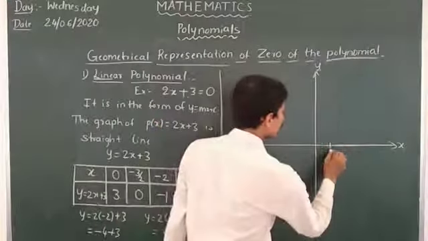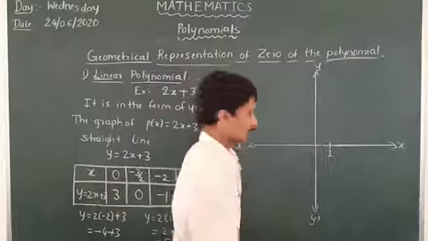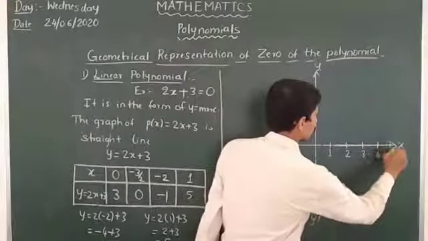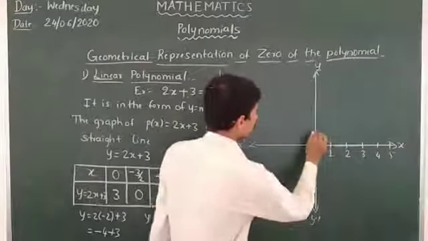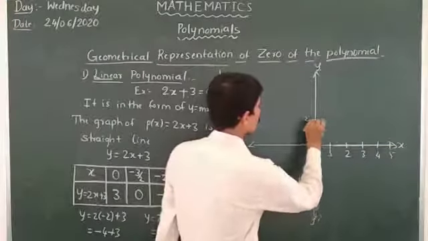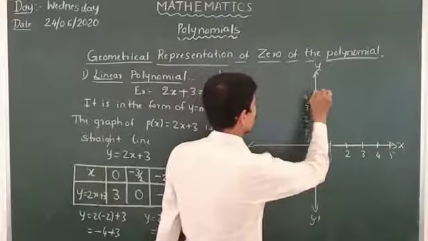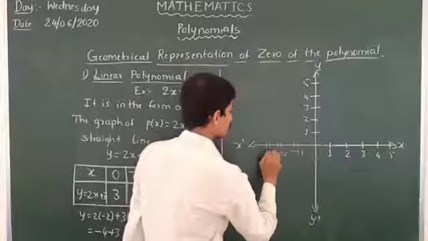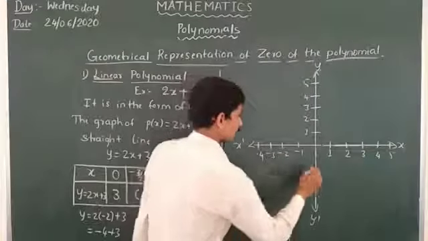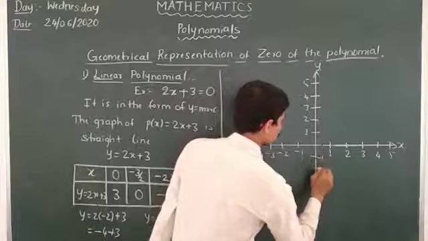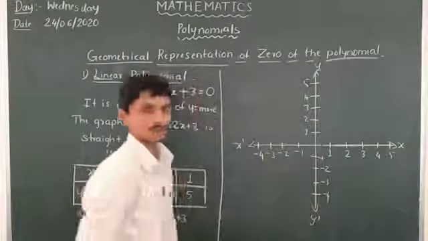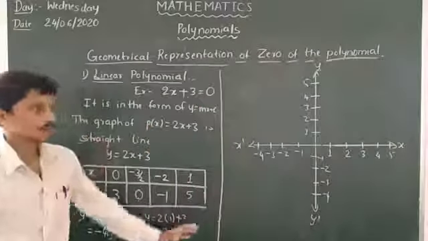So we are taking the coordinates 1, 2, 3, 4 and 5, and here -1, -2, -3, -4 and so on.